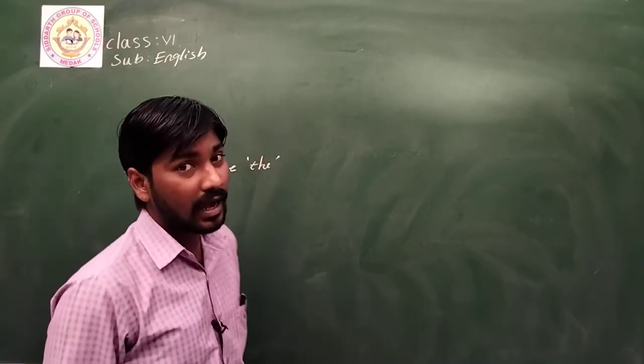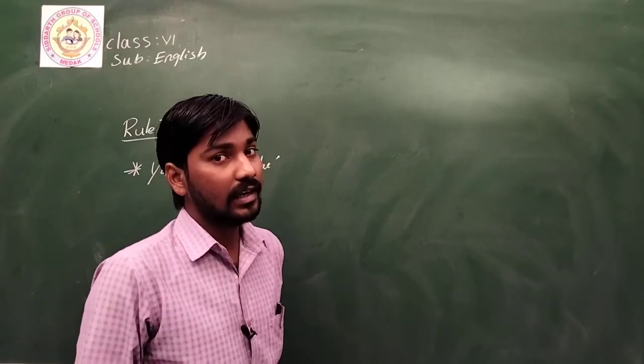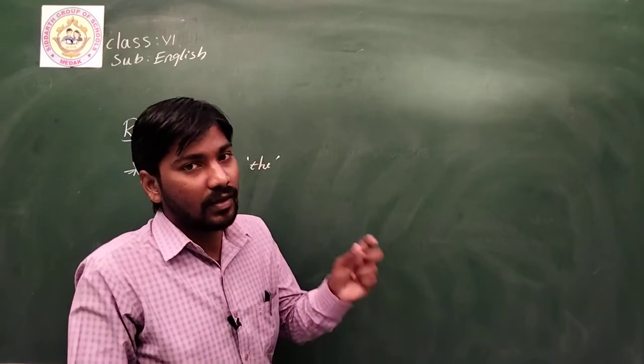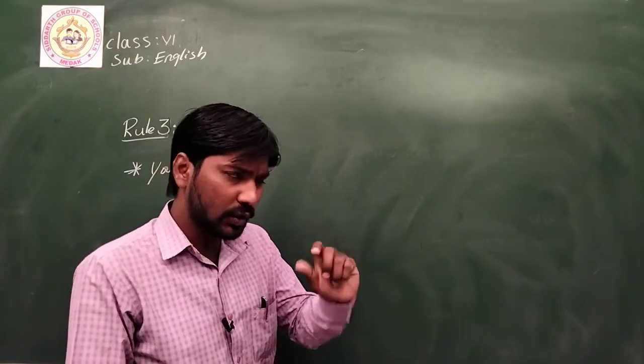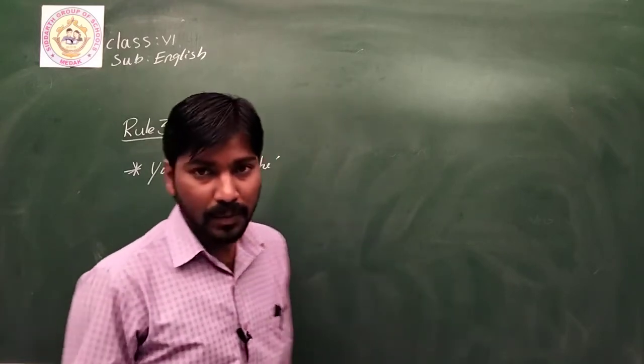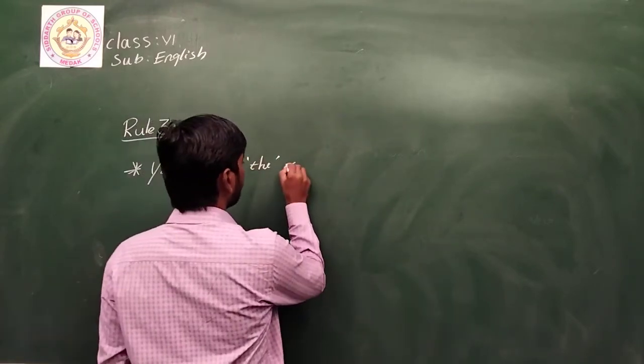When we use the, it is to make general things into specific ones. How general becomes specific, I will teach you with an example also. Now write this one. You can use the to make general things specific.